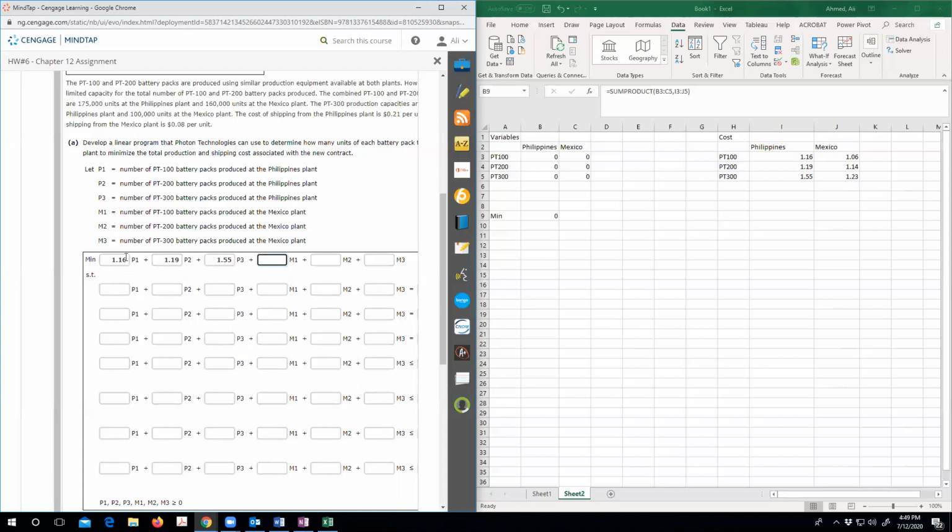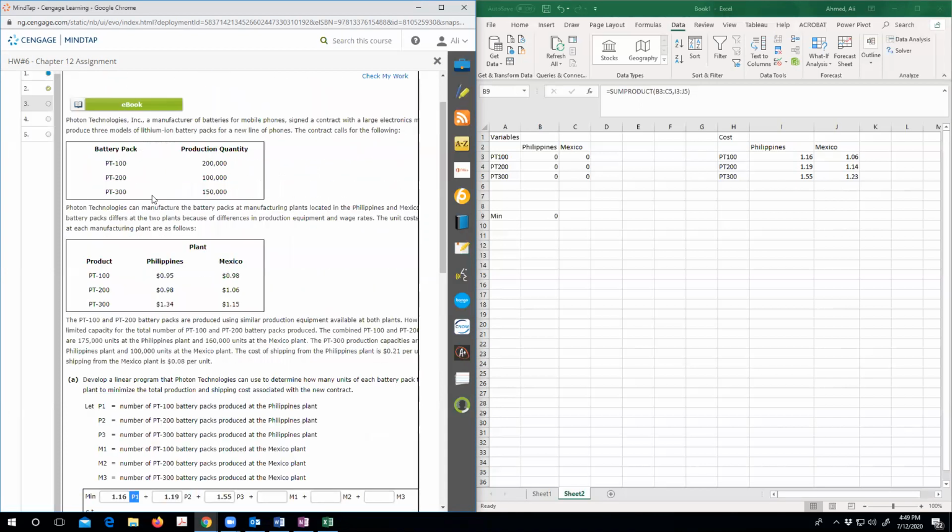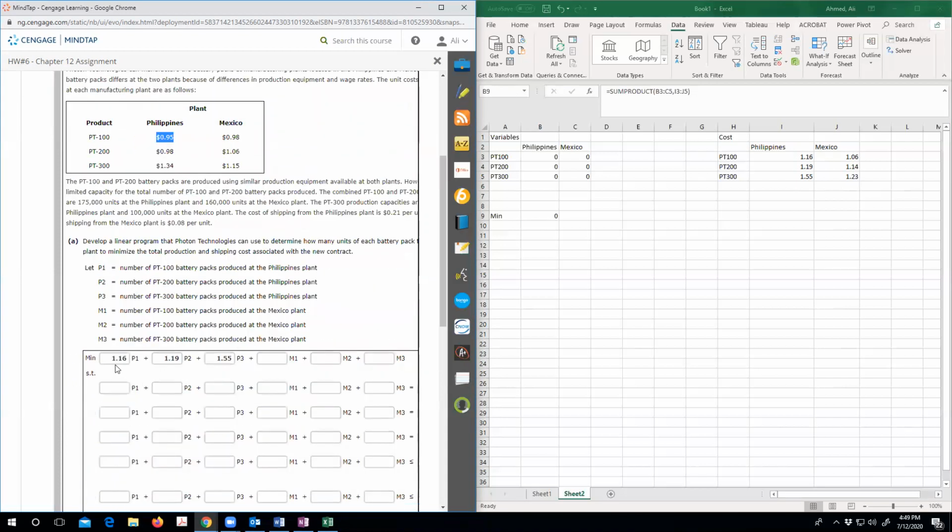So this is our cost of producing 1 unit of P1 including the shipping. So we have to put the actual cost, which is coming from here, plus the shipping. It comes out to this. So this plus shipping is this number, and we have to minimize this whole thing.